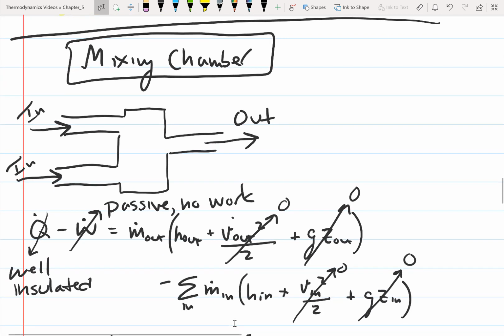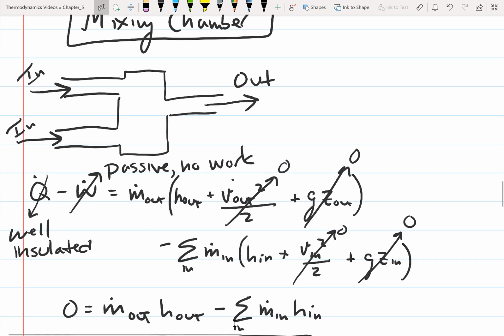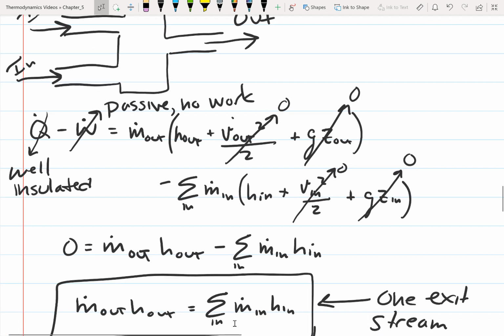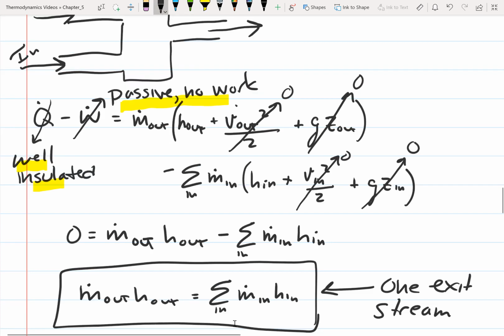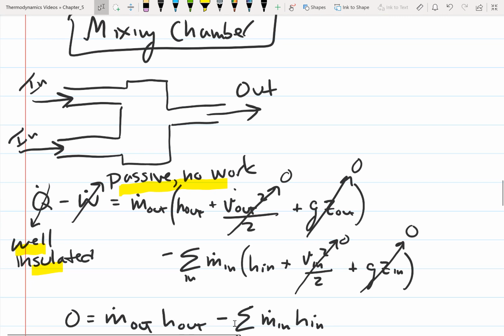And then with a mixing chamber, all of these up here were single stream steady flow devices. The mixing chamber is not a single stream device because we can have multiple streams in. Usually there's one stream out. If we assume it's well insulated, we can assume that Q is approximately 0. If it's passive, there's no work. The velocities are often slow in these mixing chambers, so the change in kinetic energy is usually approximately 0.